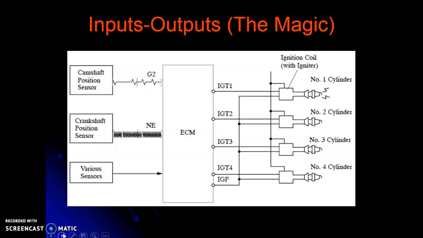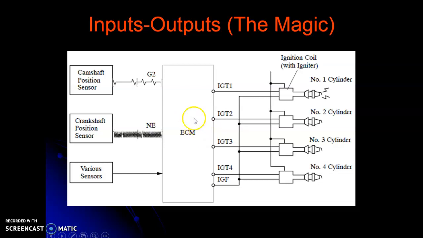And then here's a little precursor to what we are going to be doing in a few weeks. Basically, now with a distributorless ignition system, you have inputs and outputs. So here's your computer, or what some people refer to as the brain, old school terminology.